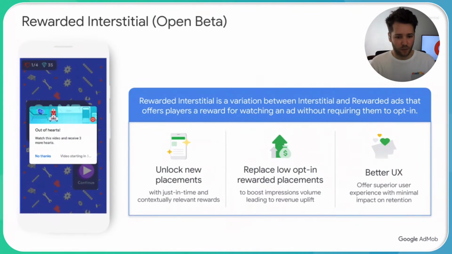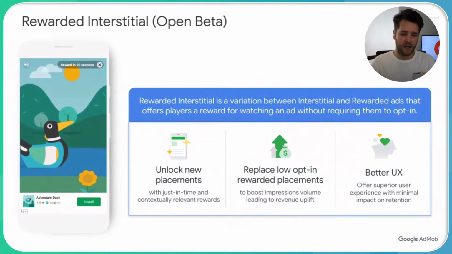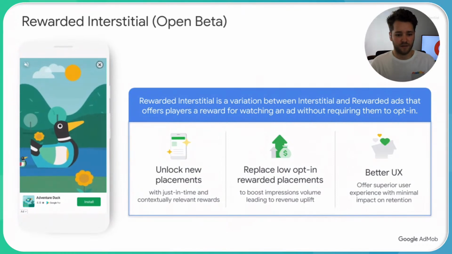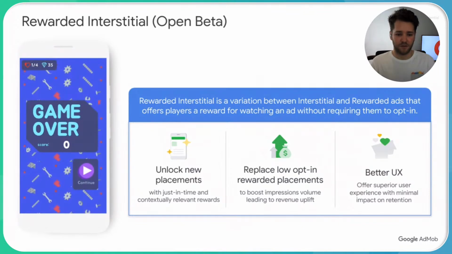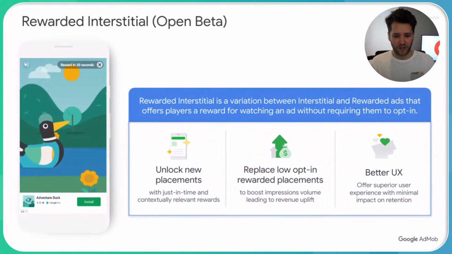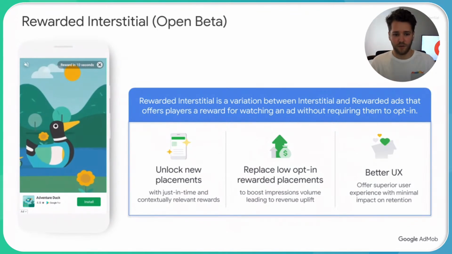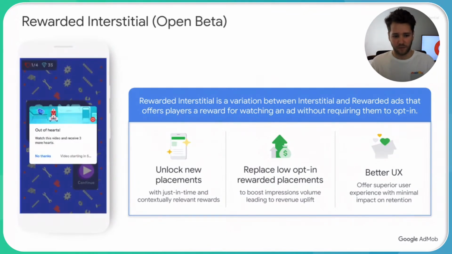Then we have rewarded interstitial, which is a bit similar to rewarded ads, but the idea is, instead of giving the user the option to watch an ad in exchange for a bonus, it gives the user a chance not to watch the ad and miss the bonus. So the main difference is, for rewarded, you have an opt-in rule, and for rewarded interstitial, you have an opt-out rule.